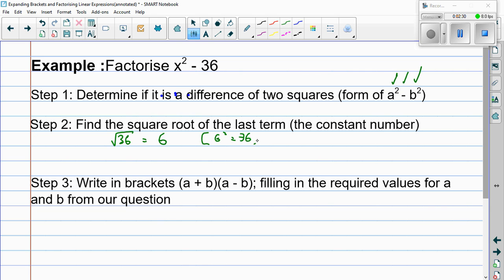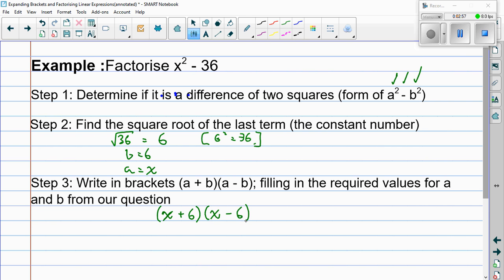Once we know that 6, we know that we can say b equals 6, a equals x, and you can sub it in there into step 3, or you can just remember that we're just going to end up with x plus 6 and x minus 6.